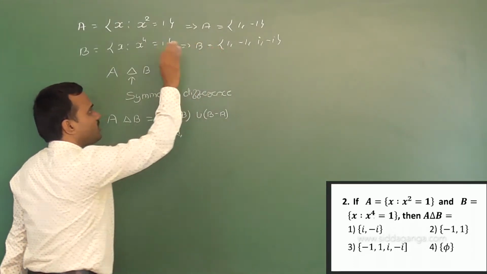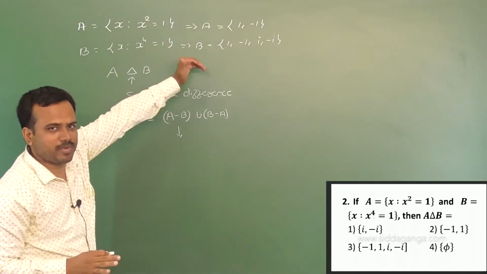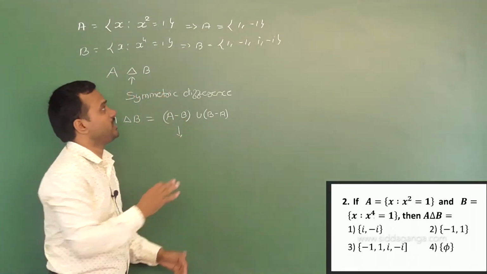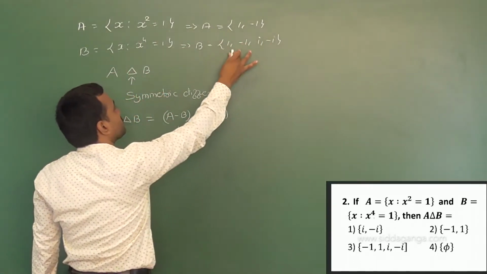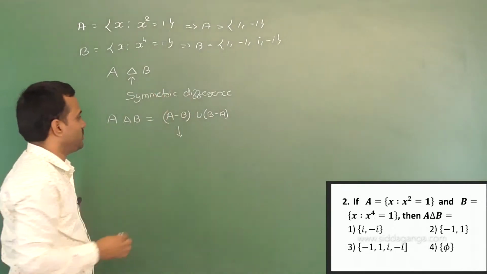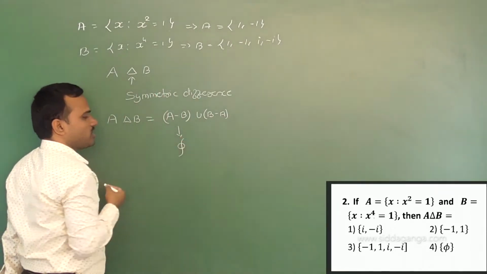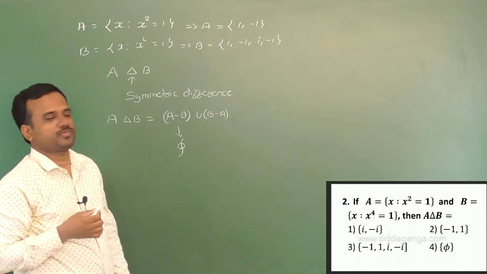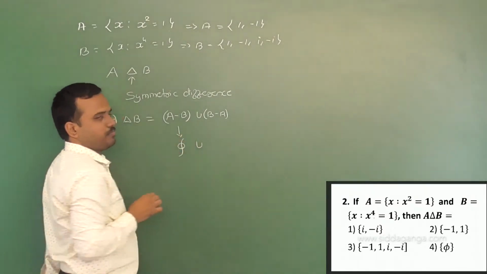A minus B means the set of all elements which are present in A but not present in B. 1 and minus 1 are present in both A and B. That's why A minus B is the null set. Union B minus A.